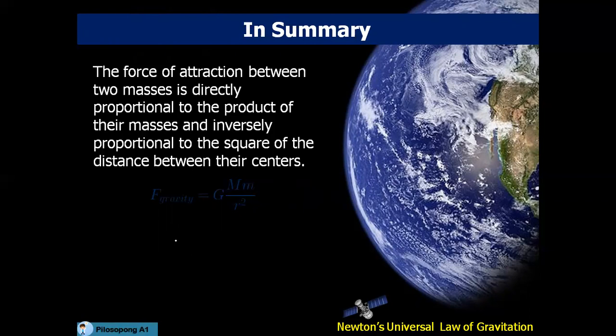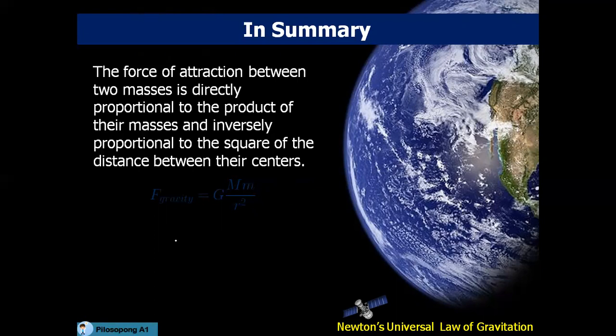That is a more comprehensive detail of the fourth idea that we have. So we can represent it by this equation: F gravity is equal to G multiplied by capital M, small m, all over r squared.